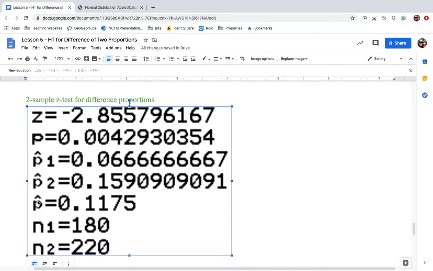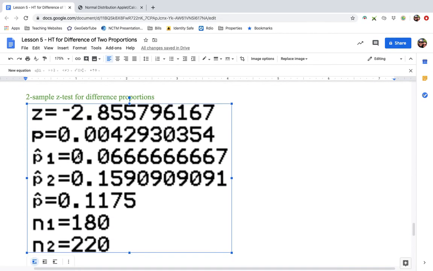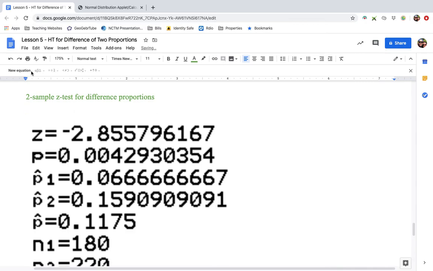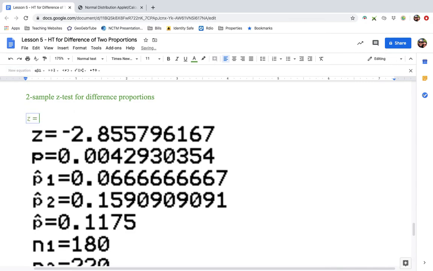Okay, this P hat, this is the P hat C, the combined proportion. You do need to record this. So this has to be recorded as part of your response. You've obviously already recorded the sample size way up here, so you don't need to worry about that. So from your calculator, what you need to record is what your z-score is, negative 2.856.